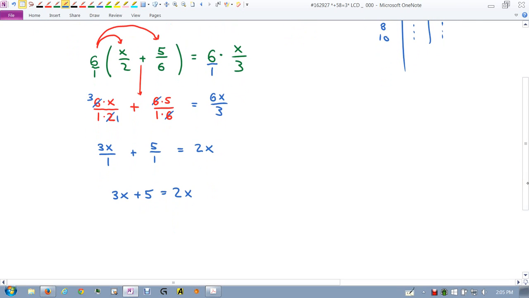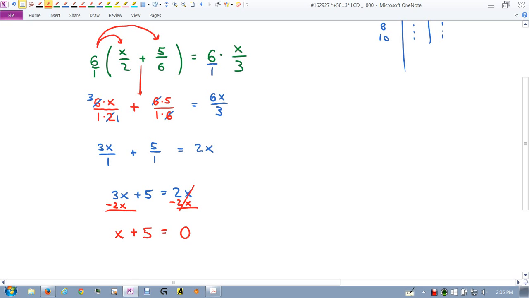Once you've done all that, then you collect like terms, which there aren't any. So then the step says isolate the variable term. So I'm going to subtract 2x on both sides, which will make it go away on the right, leave me with a 0. Left side, 3x, take away 2x is just x.